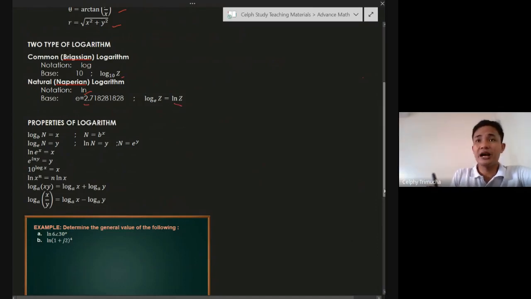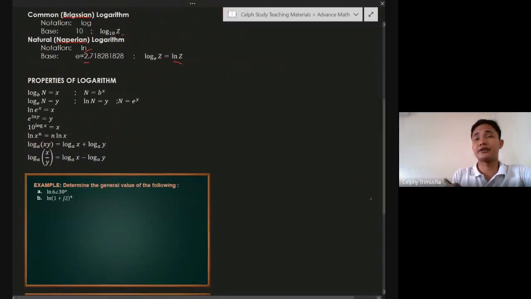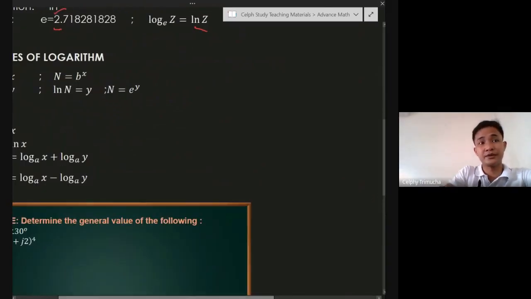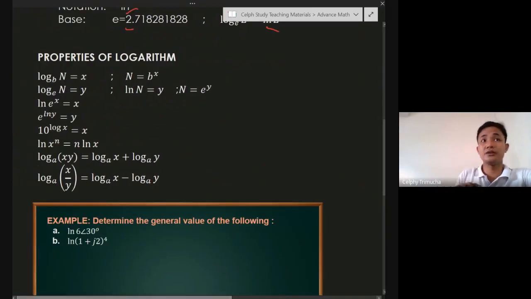Among the properties of logarithms that we should be aware of when we are performing mathematical operations are these. We have log to the base b. Log of n to the base b is equal to x. If you transform it into its exponential form, we will have n equal to b raised to the power of x.